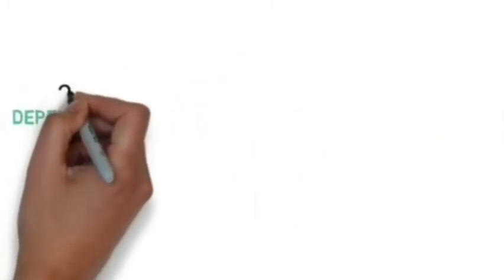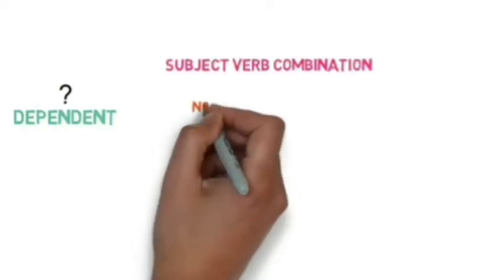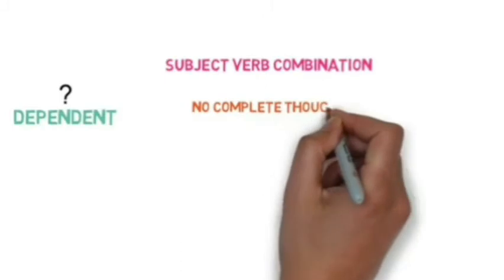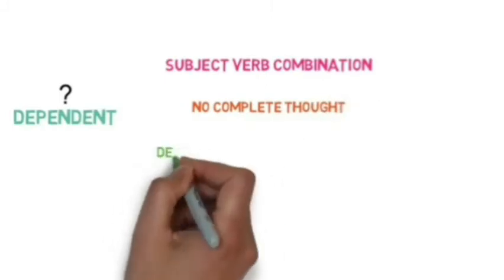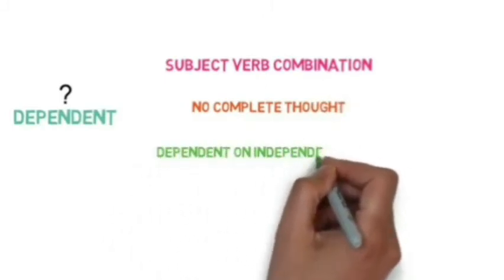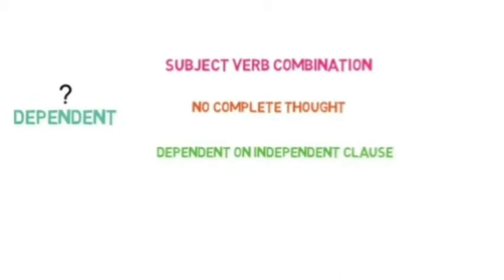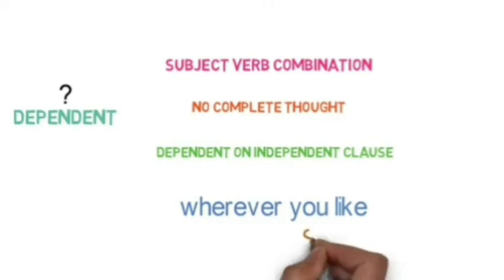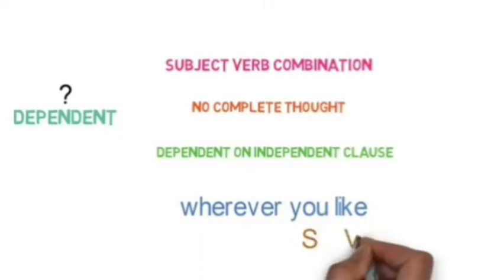Then what is a dependent clause? It has a subject and a verb, but it doesn't have a complete thought by itself and is dependent on independent or main clause for a complete thought. For example, wherever you lie. Here, you is the subject and like is the verb, and the whole sentence is having a meaning as well, but it's incomplete.